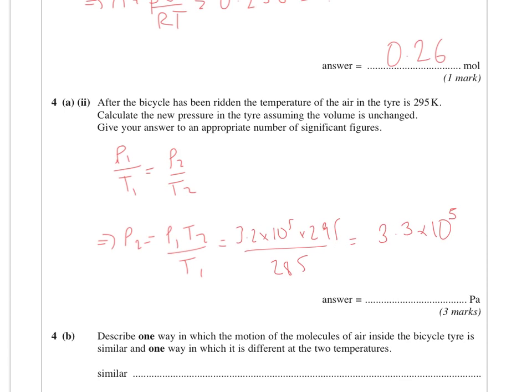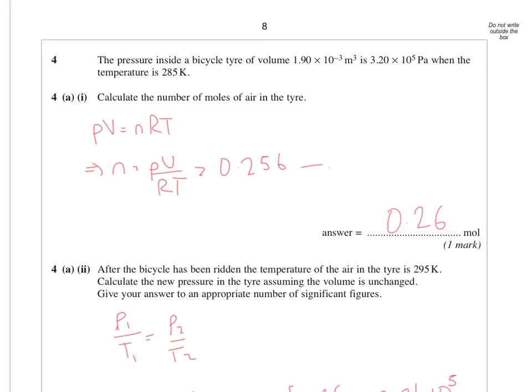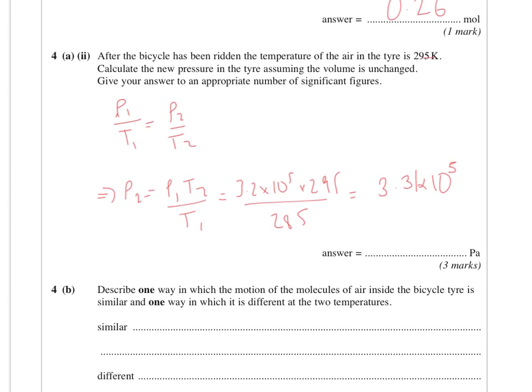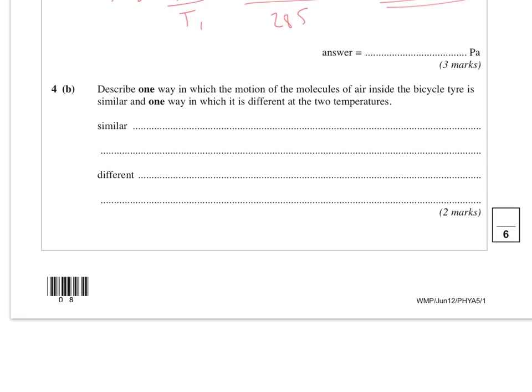Actually, it's going to be 3.31 because we're going to give it to 3 significant figures because that's 3, and that's 3. And then the 295 is 3, so we're going to give this 3 significant figures, so we'd give it 3.31 times 10 to the 5 pascals there to the right number of significant figures.